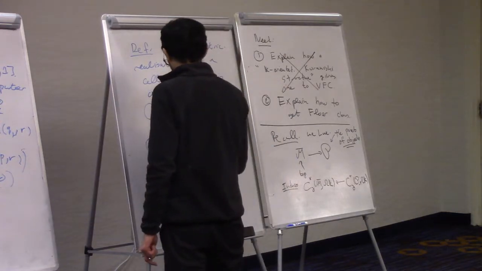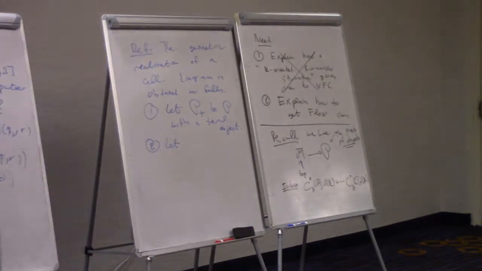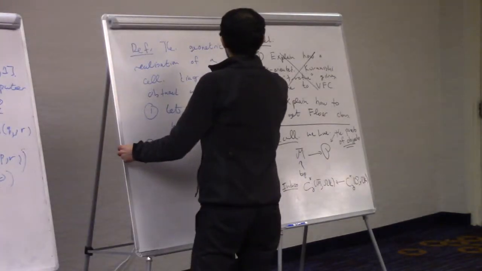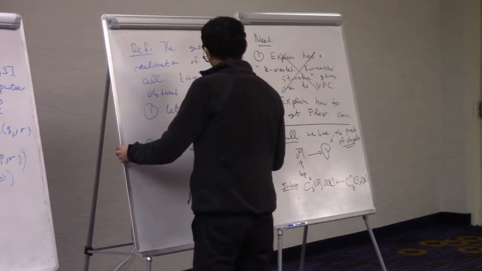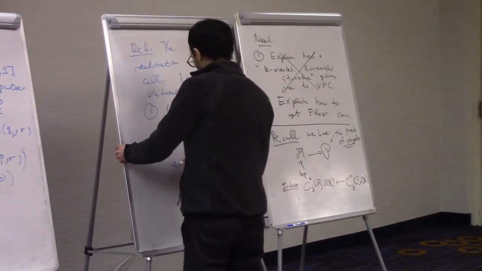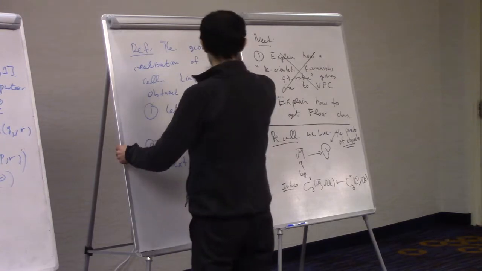Two. So I'm going to call P the cellular diagram, the functor delta. Let delta plus be the extension of delta, the original thing.